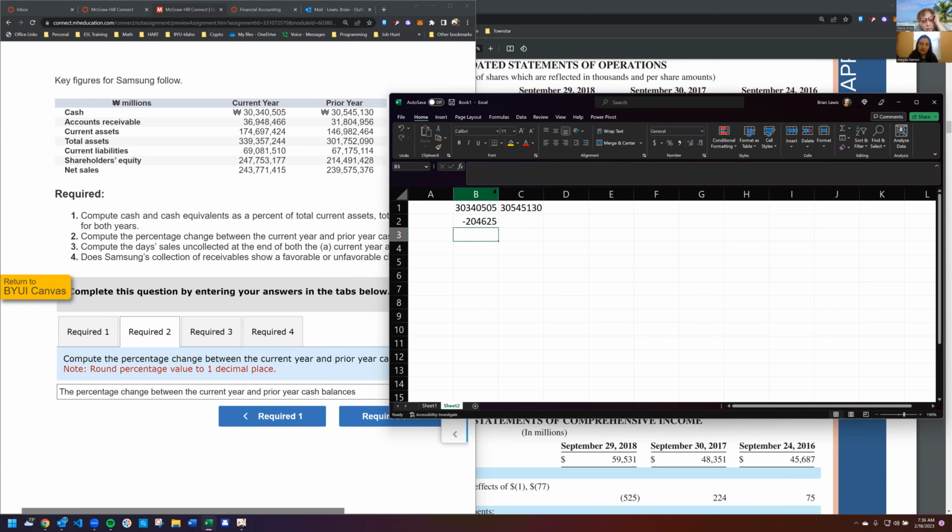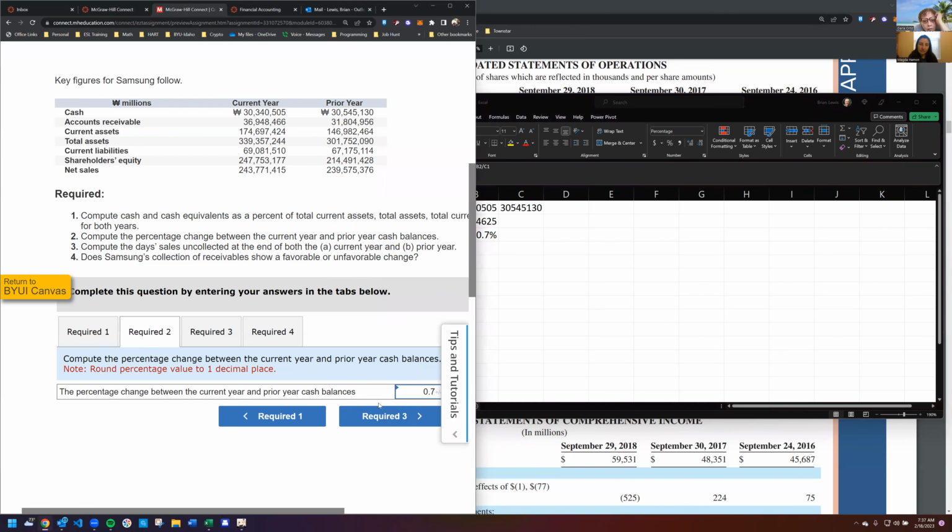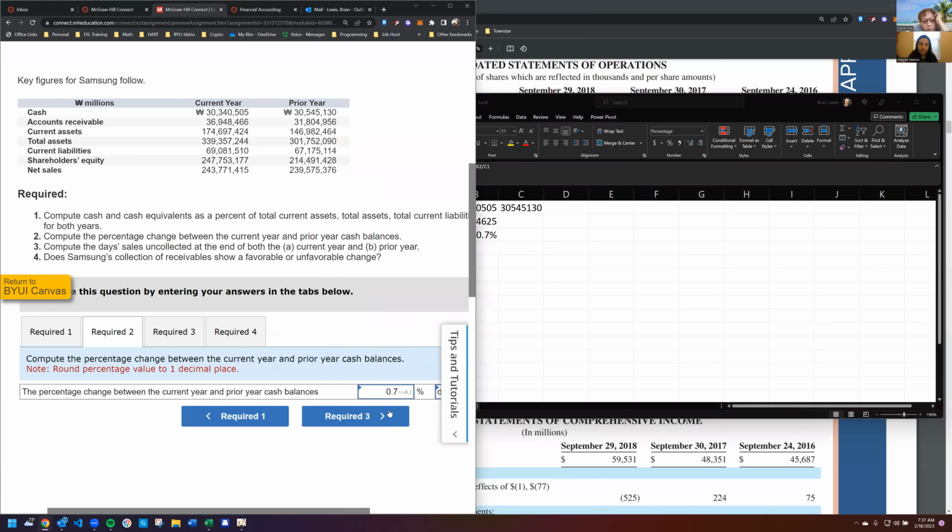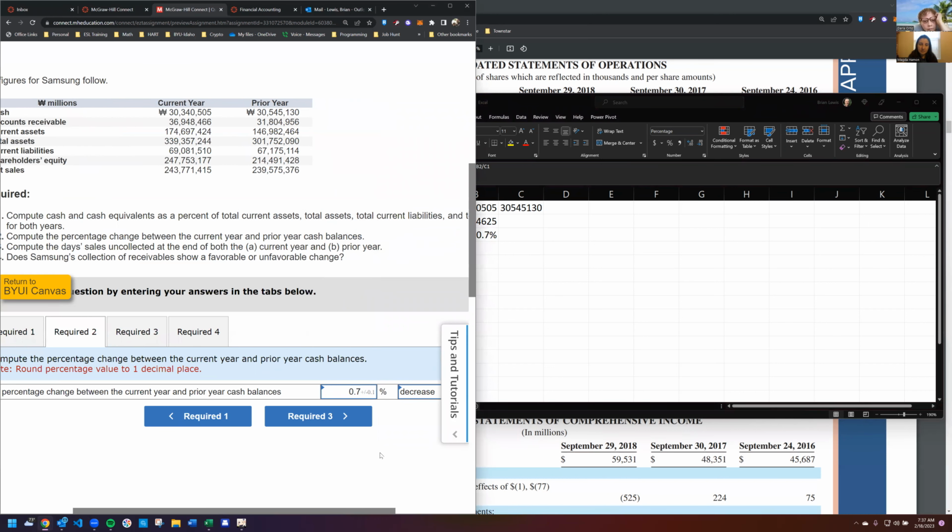As a percentage, we take that divided by this, and put that in the percentage, and it's roughly a negative 1%, or negative 0.7% decrease.